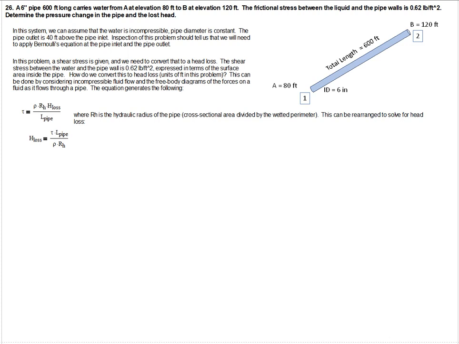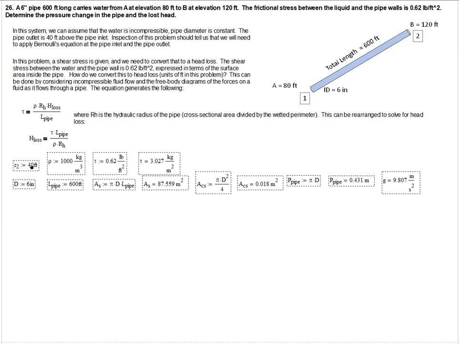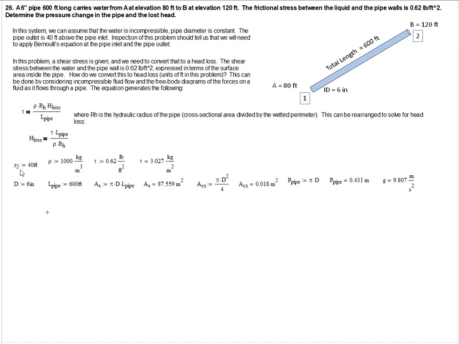So let's start assembling all of our other given information that we're going to need. Let's treat position 1, and for the Bernoulli equation I like using 1s and 2s. You can use A's and B's, but I'm going to use 1s and 2s.